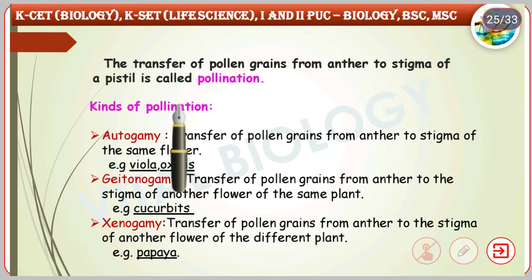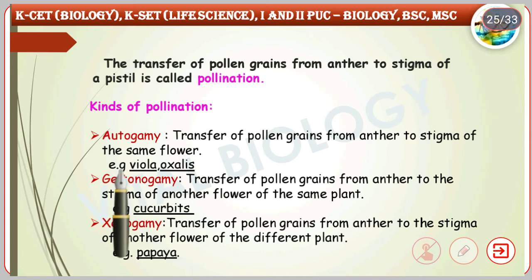There are other types too, but let's take only the main ones. The first is autogamy, the second is geitonogamy, and the third is xenogamy.